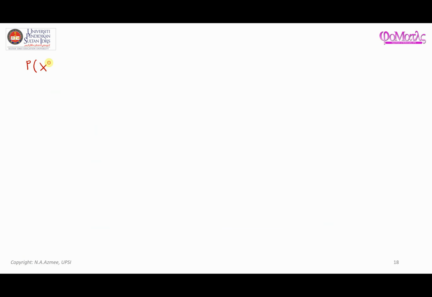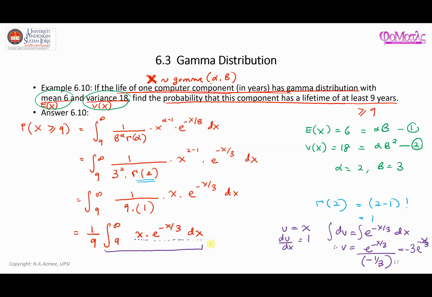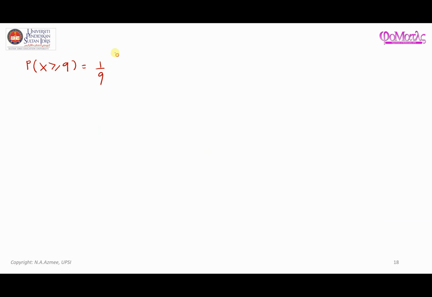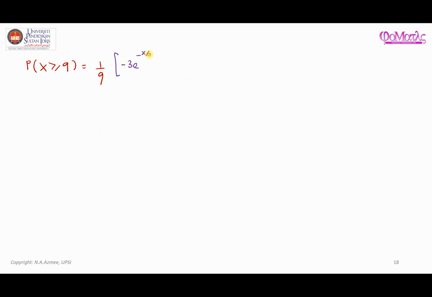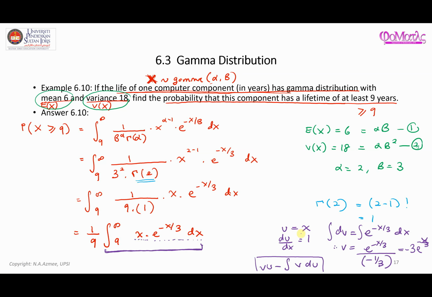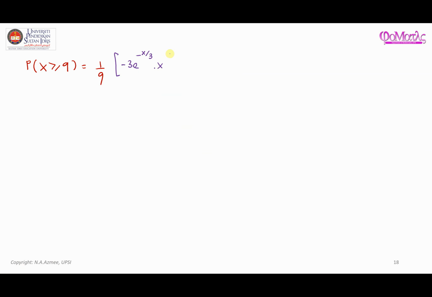So here we have the probability that x is greater than 9 equals 1 over 9, and we're going to solve the integral part here by applying the formula, which is uv minus the integral of v du. So we have 1 over 9 times, what is v? v is this guy, negative 3 e^(-x/3), times, what is u? u is just x. It is going to be evaluated from 9 to infinity.